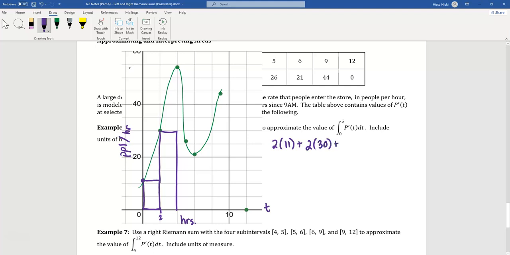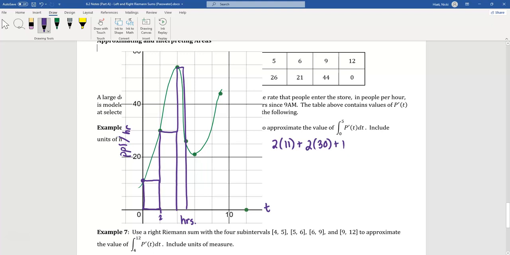Okay. For our next rectangle, we're looking at this little piece. But see, we have this dot right here. So we're going to have this little skinny rectangle. Not all of our rectangles are going to have the same width. That has a width of 1 and a height of, what's that one? 39? 50.